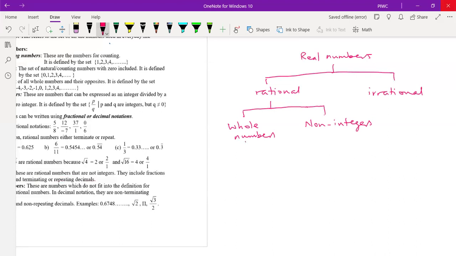The whole numbers we can break down into 0 and the positive integers.